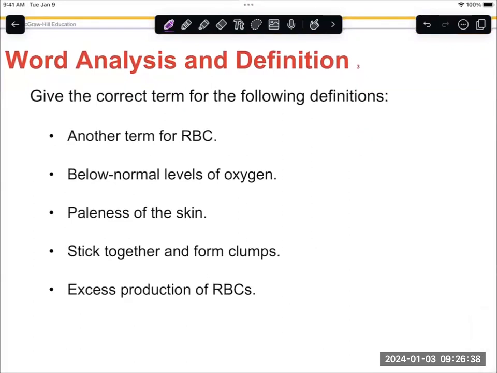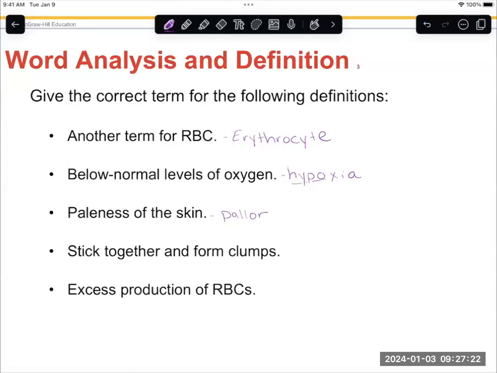So let's go through these. Another term for red blood cells would be an erythrocyte. Hypoxia is below normal levels of oxygen. Remember, hypo means below or under. So hypoxia means there's not enough oxygen. Pallor is a paleness of the skin.